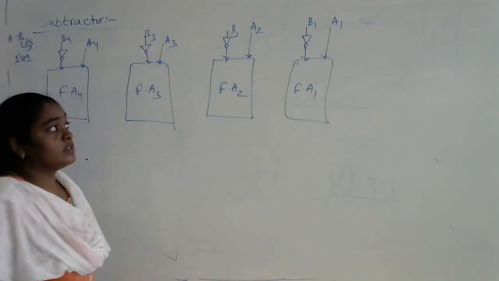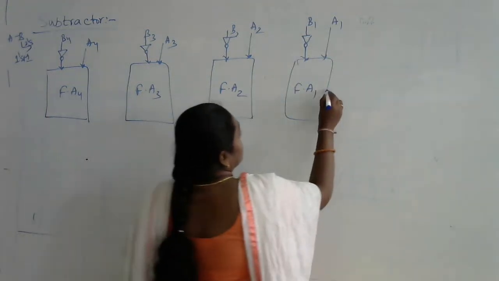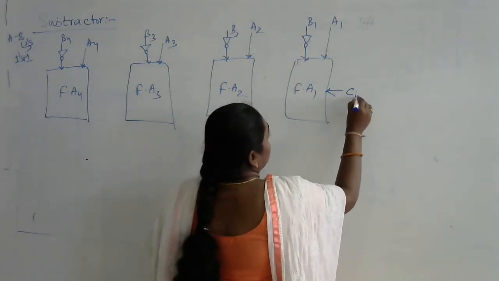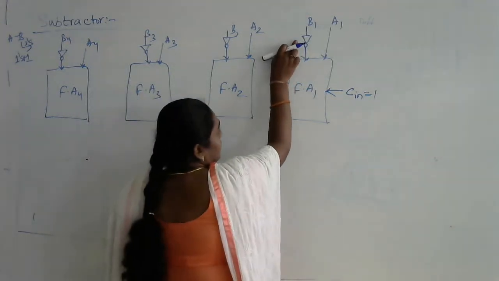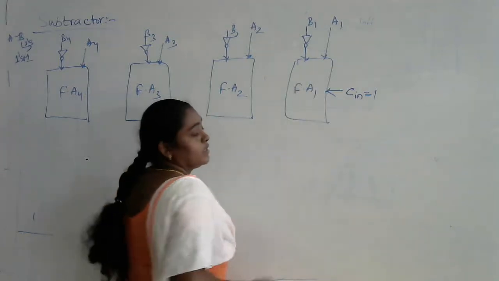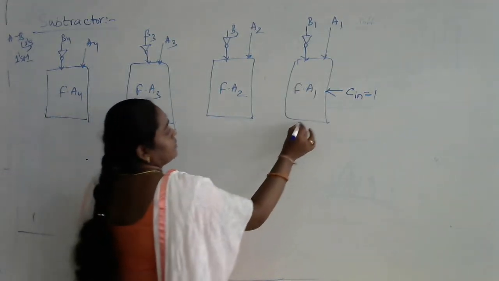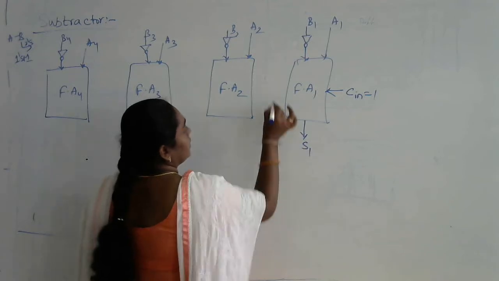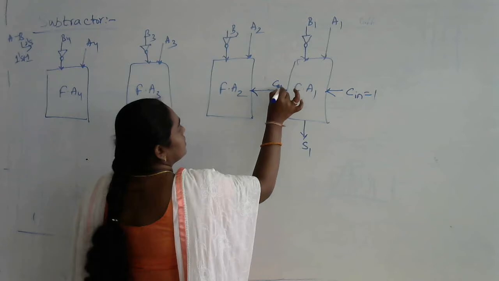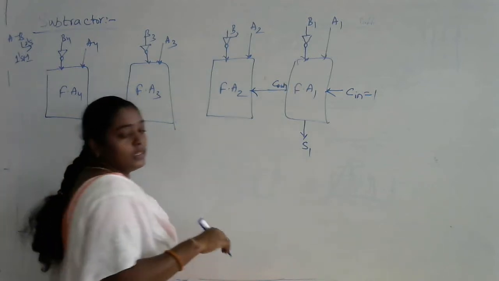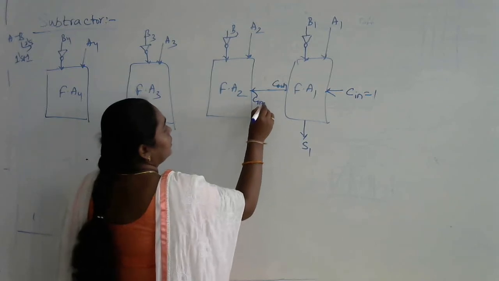But a full adder consists of 3 inputs, and we have written only 2 inputs. The next input is C in, which should be equal to 1, because we are performing the 1's complement plus 1, which is nothing but the 2's complement. The outputs of this full adder are the sum and the carry. This carry should be connected to the next one. So this is C out 1, which becomes the input of the second one, C in 2.